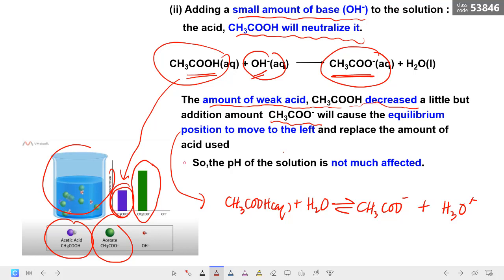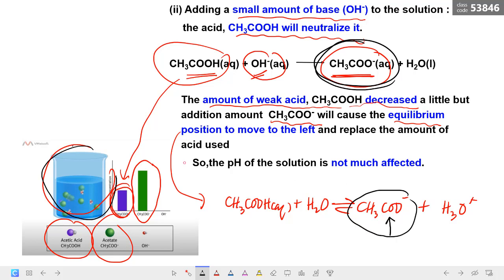Tapi sekarang nak cerita kenapa dia kata the equilibrium position will move to the left. Okay, sekarang ni dalam kita punya buffer ni memang ada weak acid. Tapi sekarang tambahan acetate ion ini datang daripada neutralization reaction tu tadi. So, bila concentration of acetate ion dalam buffer ini bertambah, nampak? Dan pada masa yang sama, weak acid itu undergo slightly dissociation.